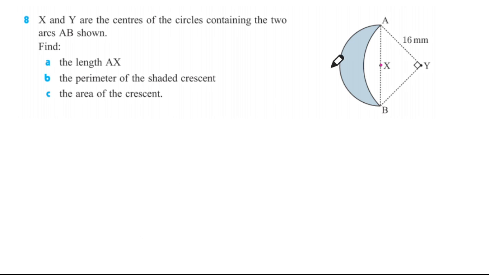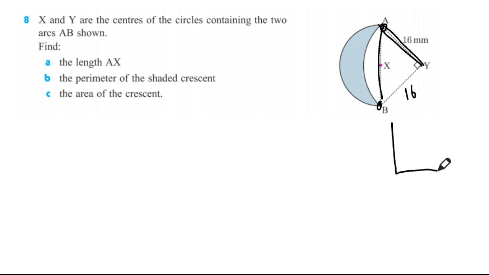So the length AX. Because this is a right triangle and we have 16, and the points A and B are both on the same circle, this is also 16. It's the radius of that circle Y, so we have 16 and 16, and then this is the third side of a right triangle.